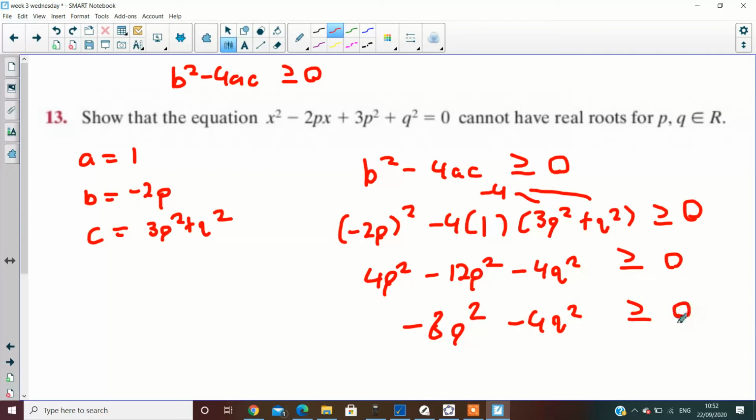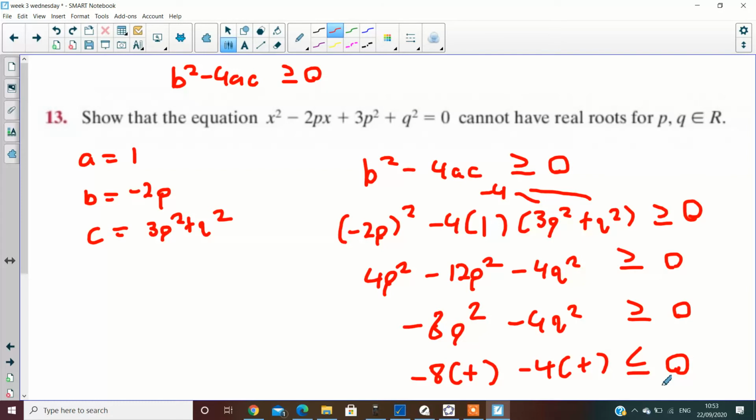Yeah? And this is minus 8 multiplied by a guaranteed positive number. What do I mean by a guaranteed positive number? Anything squared is positive. Minus 4 times a guaranteed positive number. They're both going to be negative, aren't they? So it cannot be greater than or equal to 0; it has to be less than or equal to 0. Does that make sense? You all good with that?